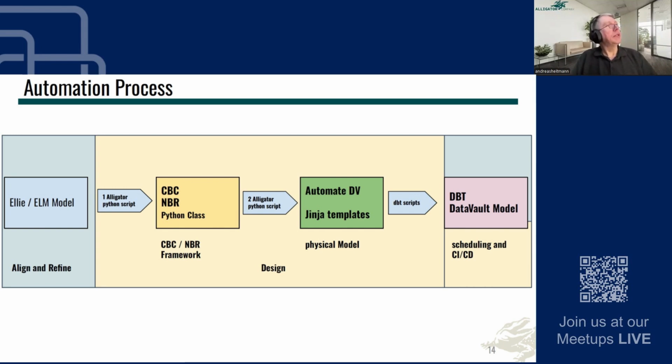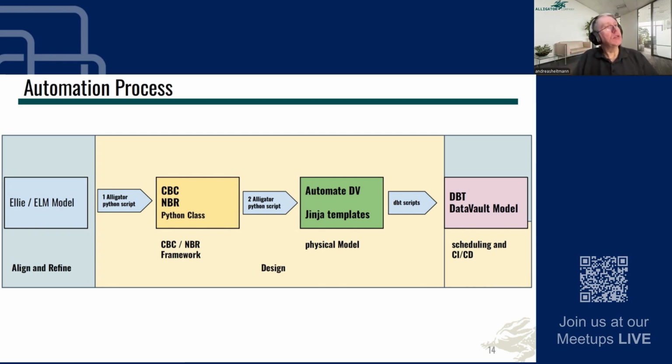And then I have a second Python script which then creates AutomateDV Jinja templates for the hubs, links, satellites out of it, creates DBT SQL statements for the presentation layer, defines the semantic model out of it, and the tests, for example.